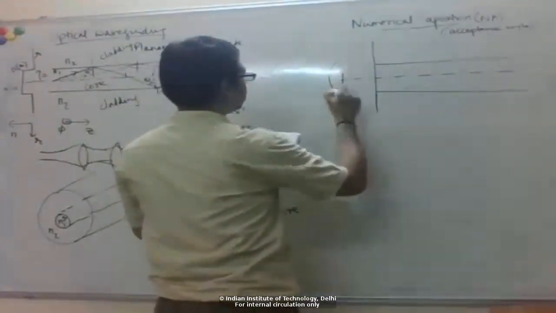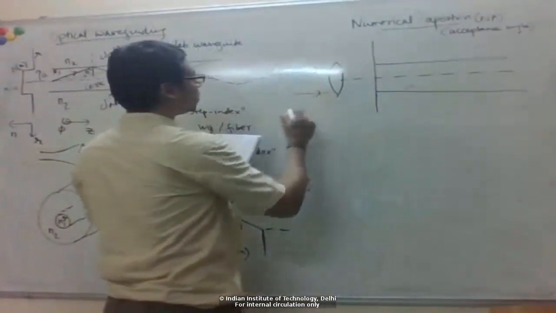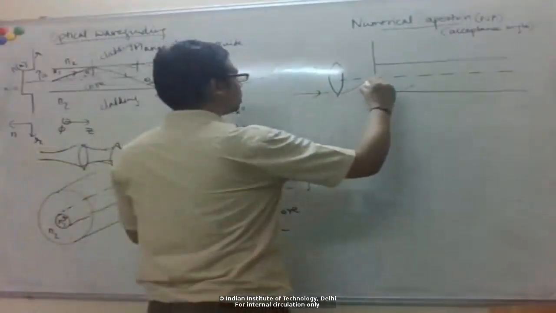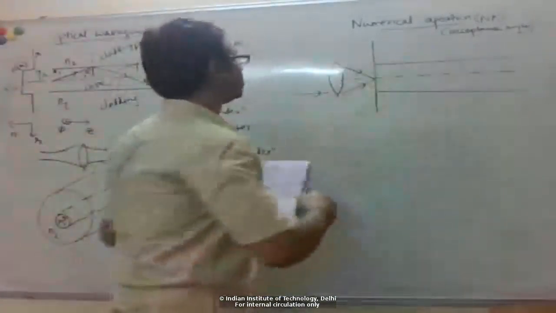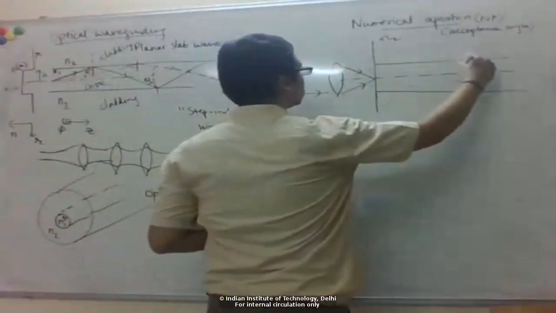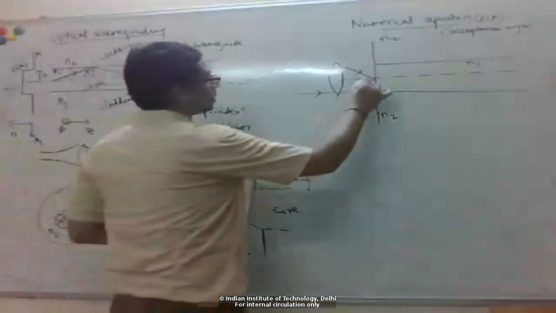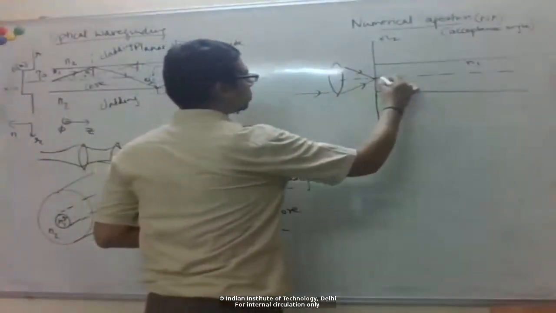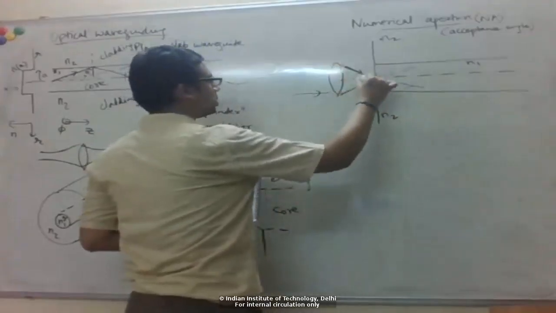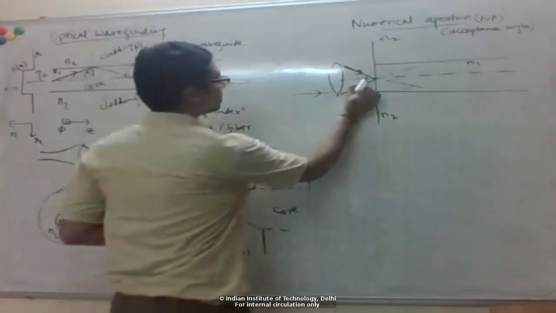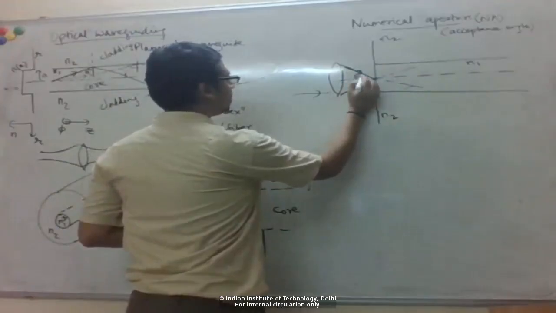So let's say I'm using some lens outside to couple light into my waveguide. There's a cone here which gets guided, which corresponds to a particular acceptance cone incident here, with half angle, let's say, theta NA.